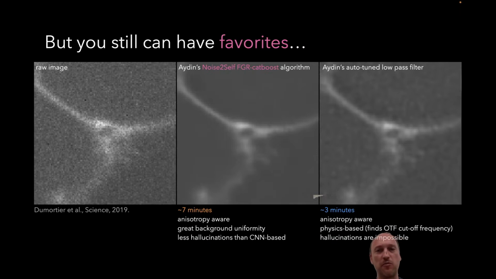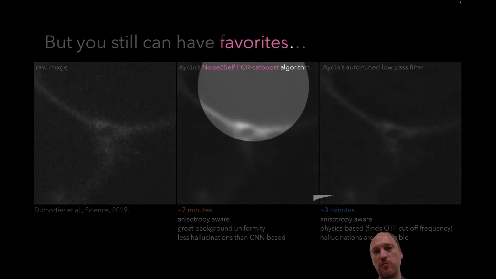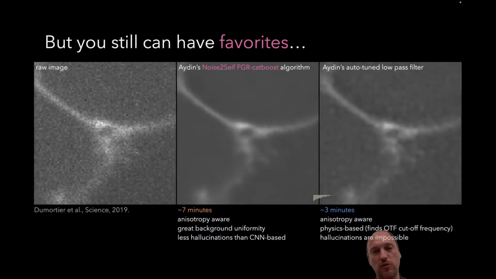Sometimes you land in a weird area of your loss landscape, and then you basically have some weird denoising, and so you never know if your first training run is actually going to be the one you can use, and that's really annoying with CNNs. But with our FGR approach, we rarely have that problem. It just always goes to the same solution. And that's a very, very nice feature from a practical standpoint.